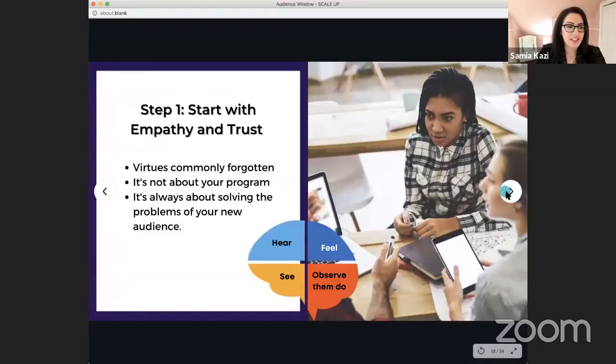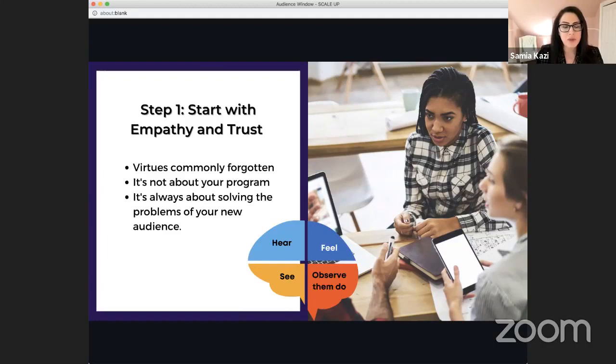So the first step, starting with empathy and trust. If you're serving adults who care for, protect, or educate children, I know these virtues are embedded in you. You use them every single day.